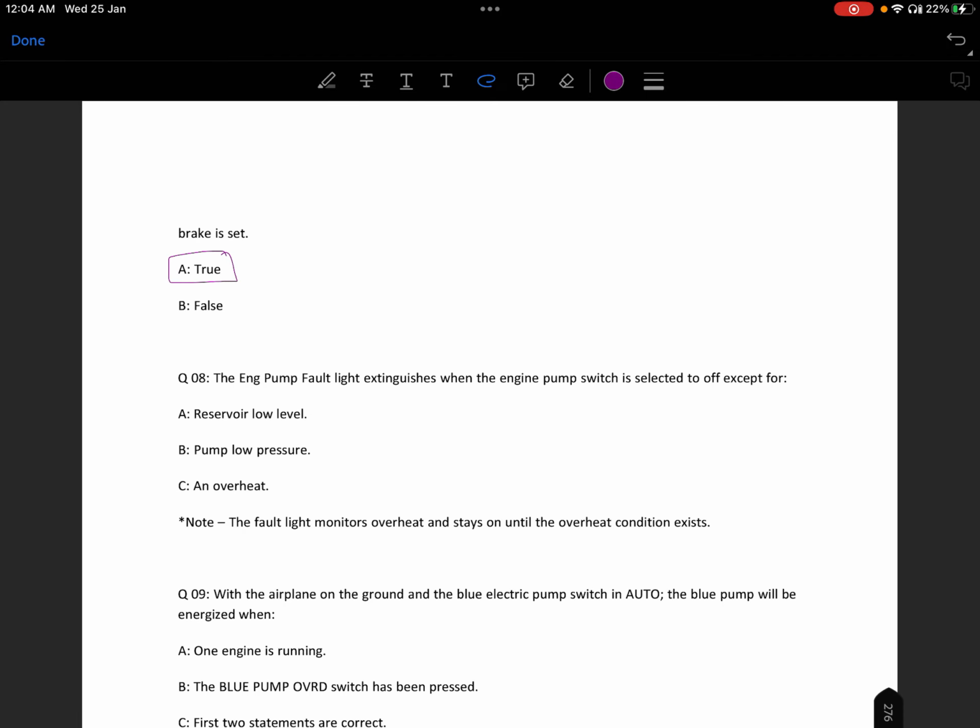We will switch on the yellow electric pump. Once the electric pump is pressurizing the yellow system, the PTU will automatically work and help to pressurize the green system also, right?